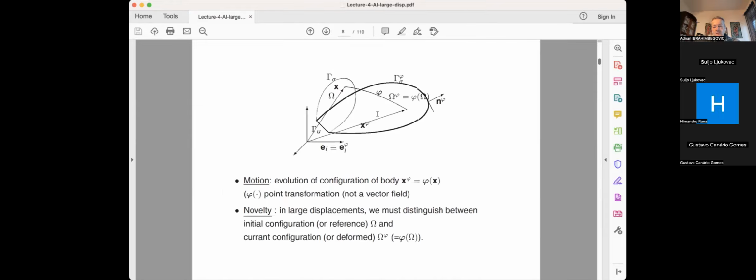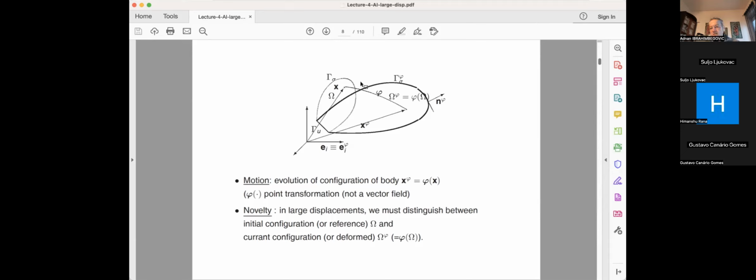So applying the loading, we now produce a very, let's say, large displacement, large rotation. What I picture here, in thin line, is the initial configuration, and the thick line is the only one that now exists, and that's the deformed configuration. So basically, what we'll do is we'll try to describe the motion.